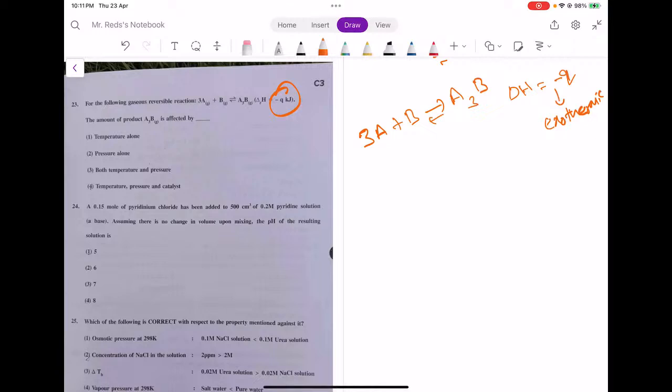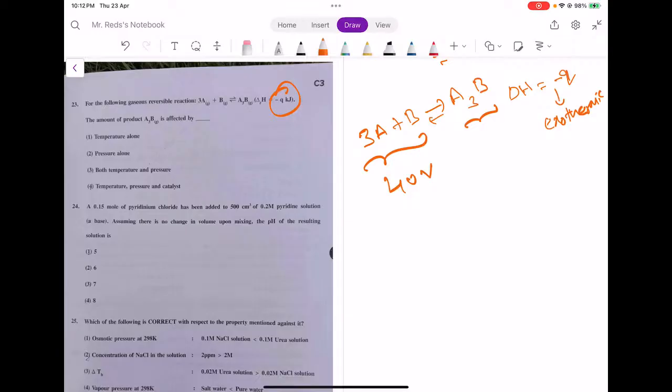So the amount of product A3B is affected by temperature. This reaction is affected by temperature. Why? Because this is an exothermic reaction. For exothermic reactions, low temperature is required because heat is already evolving from the reaction, and the pressure also. Why pressure? Here the total volume of reactants is 4 volumes, 3 plus 1.